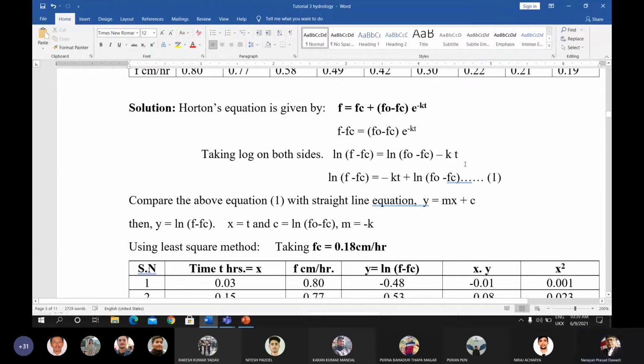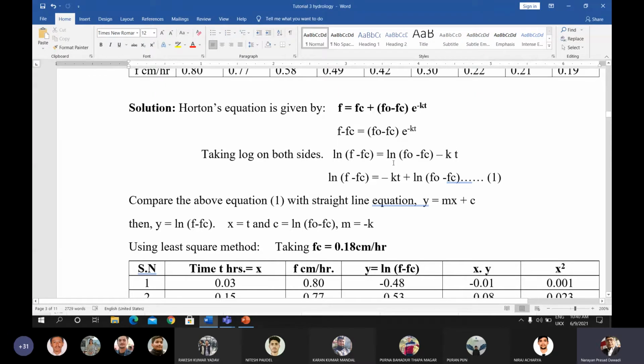After applying ln to this equation, the left hand side is ln(F minus Fc), and for the right hand side, minus kt into ln e plus ln(F naught minus Fc) will come, using log of A into B. That ln e becomes 1, that's why minus kt is here.